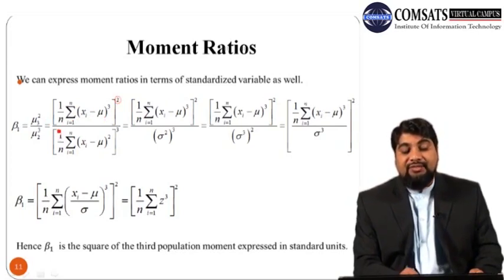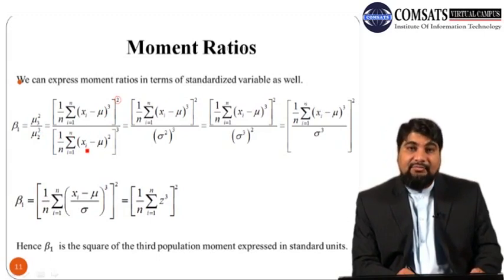Then we have to divide this full expression by mu2 cube. Here mu2 is the second central population moment about the mean.